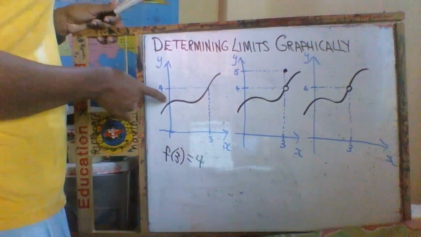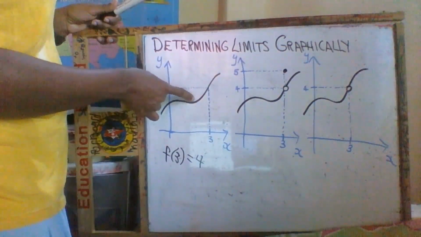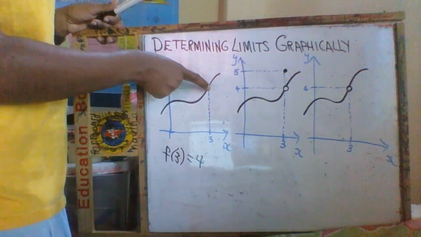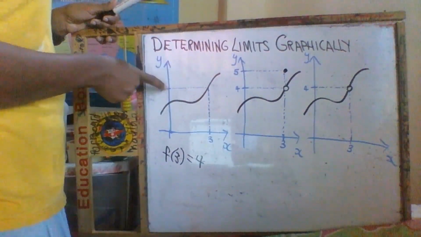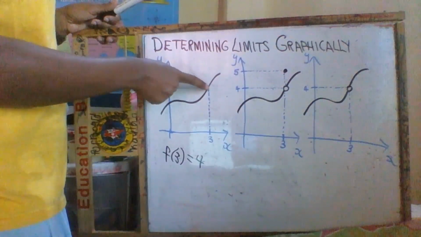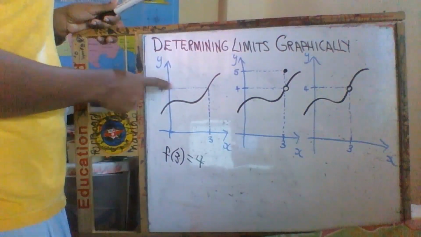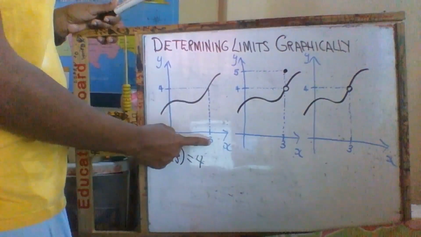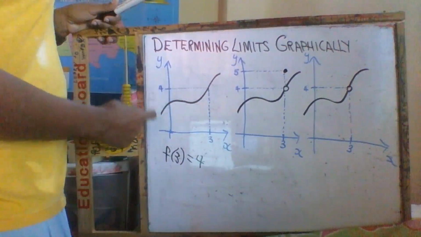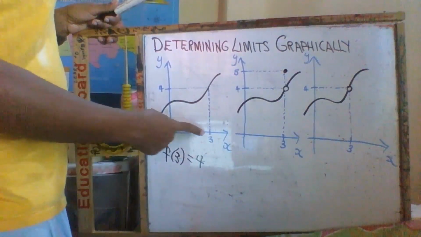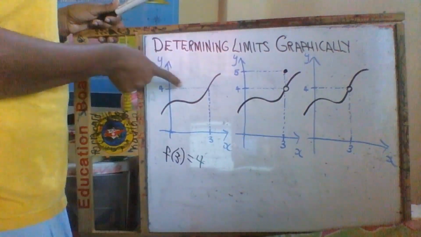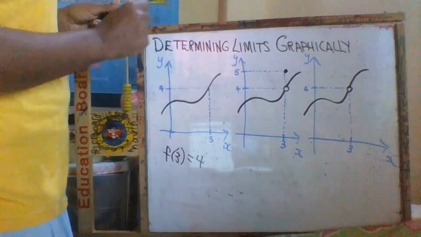We're approaching this spot, and it would seem as if we're heading towards this number here, 4, because at this spot the function takes the value 4. So while we're driving along headed towards x equals 3 from the left, it's apparent that we're heading towards this y value here, which is 4.